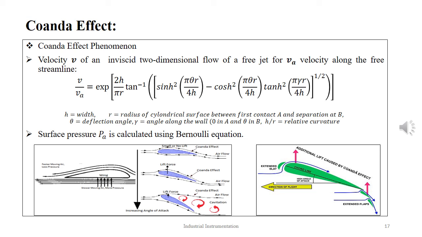The velocity v of an inviscid two-dimensional flow of a free jet, for Va the velocity along the free streamline, is given as v by Va equal to exponential of 2h by pi r tan inverse of sinh squared of pi theta r by 4h minus cosh squared of pi theta r by 4h tanh squared of pi gamma r by 4h, whole under square root, where h is the width, r is the radius of cylindrical surface between the first contact A and the separation at B, theta is the deflection angle, gamma is the angle along the wall, it is 0 for A and theta for B, and h by r is the relative curvature.